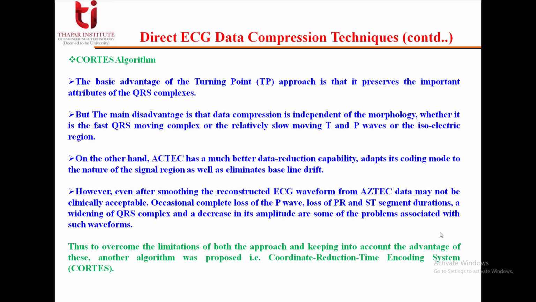Thus, to overcome the limitations of both the TP and AZTEC approaches, and keeping in account the advantages of these, another algorithm was proposed, that is the Coordinate Reduction Time Encoding System, the CORTES algorithm.